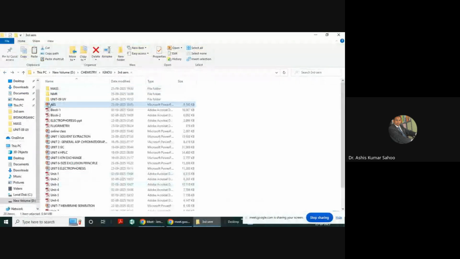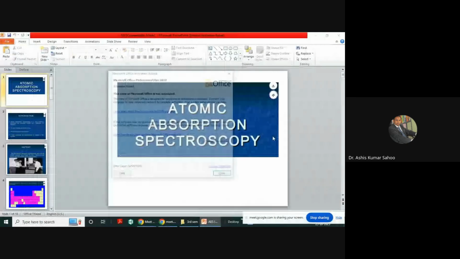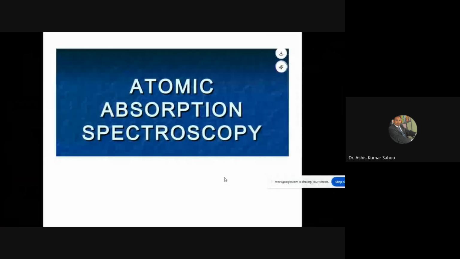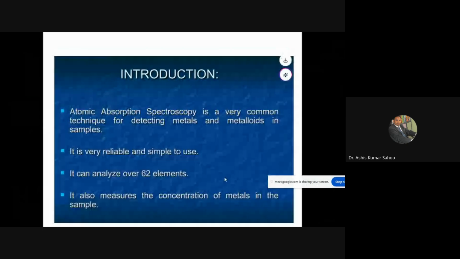So what is atomic absorption and emission spectroscopy? This is the last part. Atomic absorption spectroscopy is a very common technique for detecting metals or metalloids. Listen, this is used to detect which atoms or elements are present, which metals or metalloids are present.